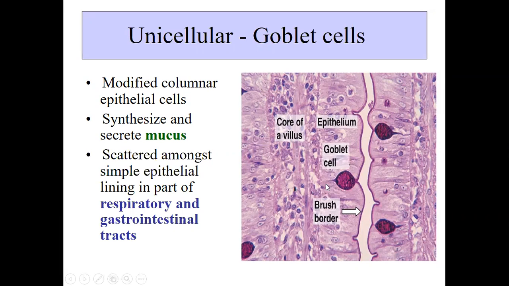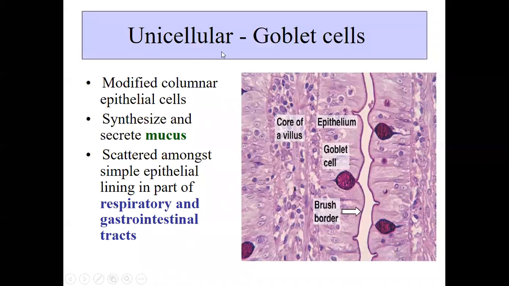This goblet cell secretes mucus onto the surface. It is scattered among the simple epithelial lining, part of the respiratory tract, and it can also be found in the gastrointestinal tract.